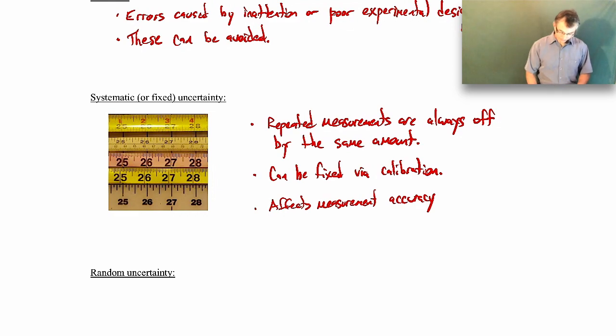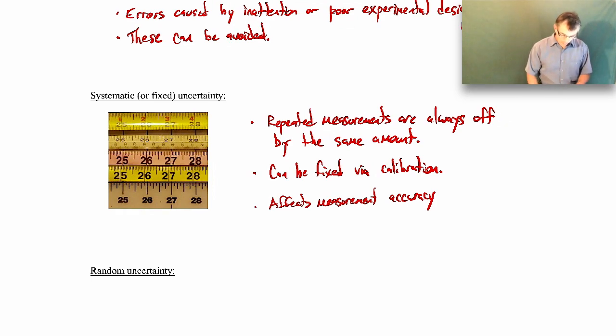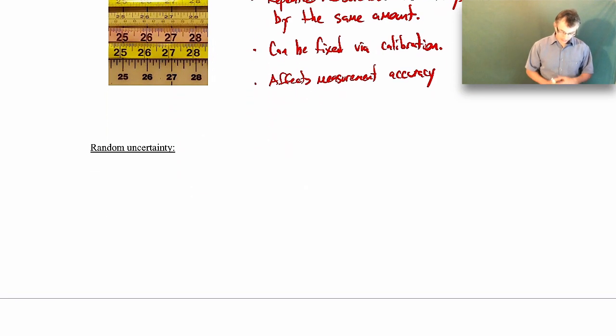All right, we're not going to talk about systematic errors in the rest of the lecture, because systematic errors you can presumably correct for by doing calibration. Where we will spend all of our time is really dealing with random uncertainty, and as the name implies, random uncertainty is due to unknown factors.